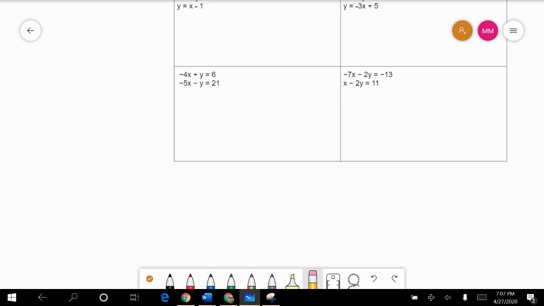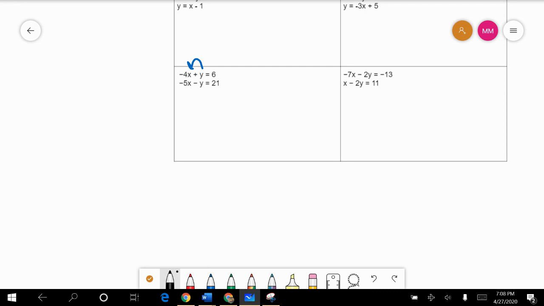So I'm going to choose the first one, negative 4x plus y equals 6, to write in y-intercept form. The only reason why I'm choosing that one is because I noticed that in front of my y, it is a positive number. So I'm not going to need to divide by negative 1 at the end.